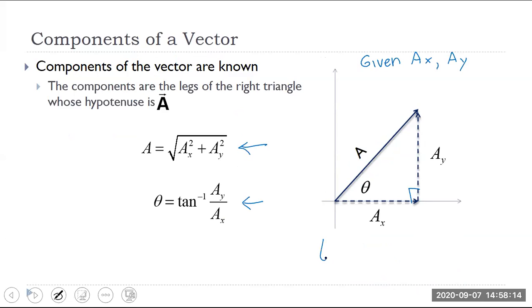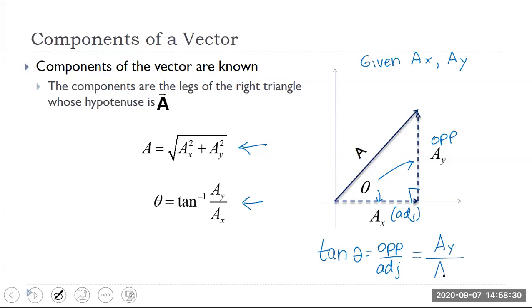In this case, tangent is equal to opposite over adjacent. Here's my opposite side, and here's my adjacent side. So this is where we're getting AY over AX. We can use that to determine the angle, just like we were doing with our coordinates.